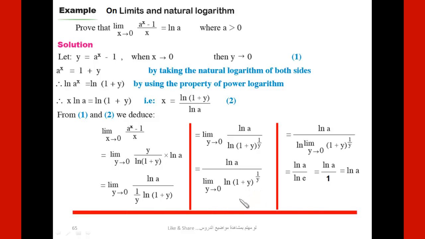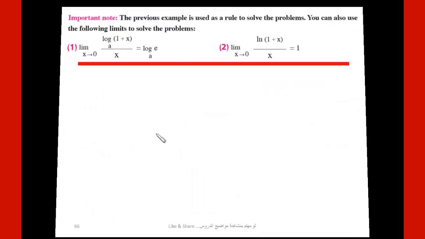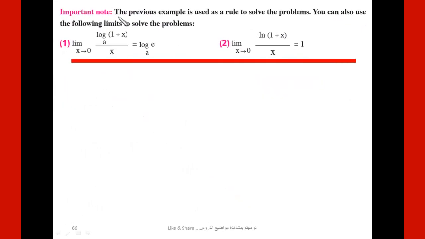And of course, we will use it in solving problems. The previous example is used as a rule to solve the problems. You can also use the following limits to solve the problems, and we will memorize them. First, limit logarithm 1 plus x to the base a over x when x tends to 0 equals logarithm e to the base a.